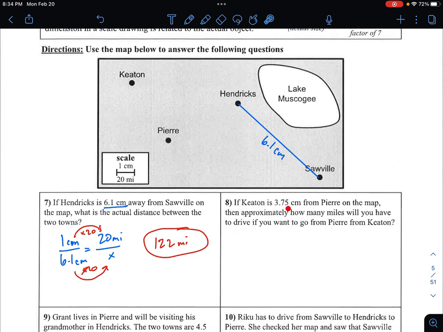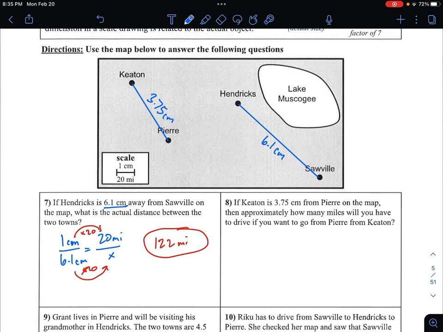So Keaton is 3.75 centimeters away from Pierre. Now, does it really matter whether you're driving from Pierre to Keaton or Keaton to Pierre? In this question, no. They want to know what the mile distance is. It's another way of asking the same thing.